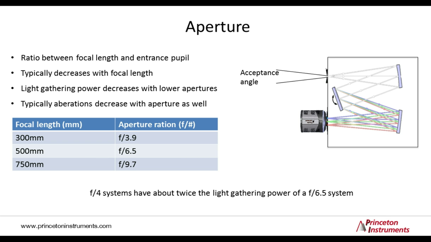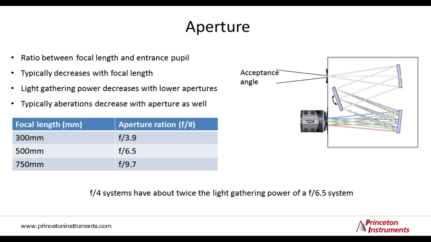An important concept to understand is the aperture of a spectrograph. The aperture of the spectrograph is the ratio between the focal length and the diameter of the limiting aperture in the system, which in the spectrograph is typically the mirrors.